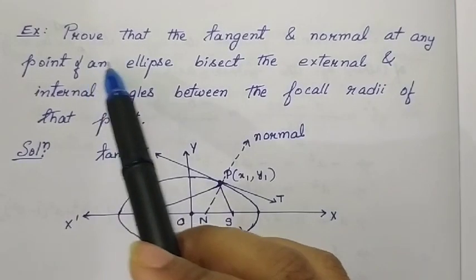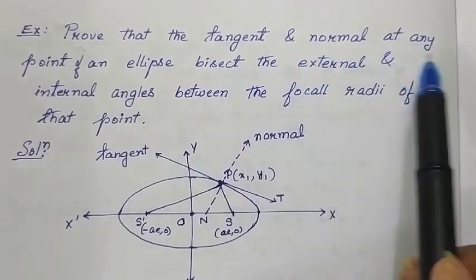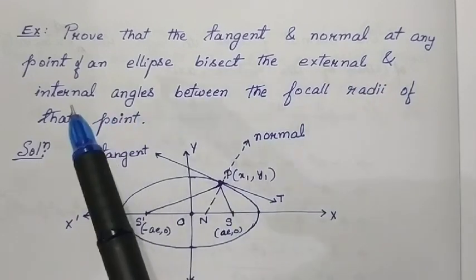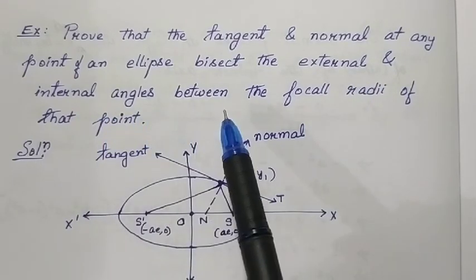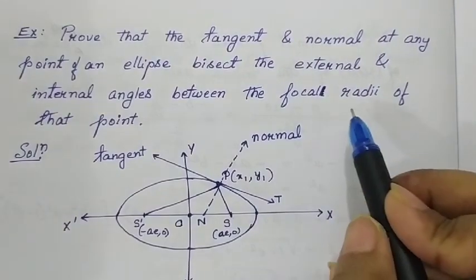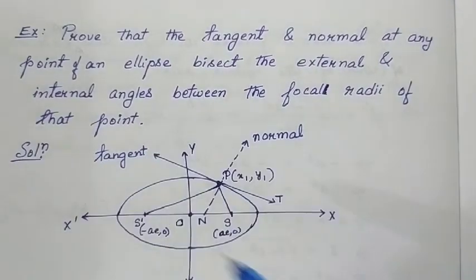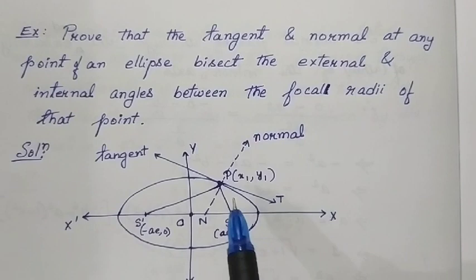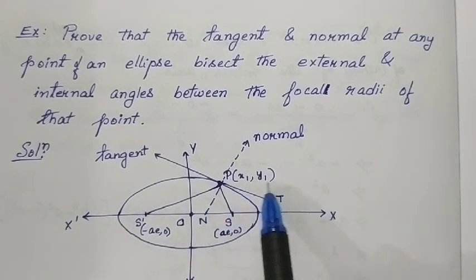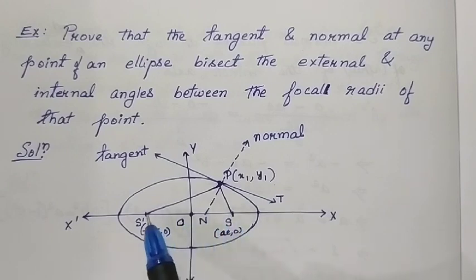Next question: prove that the tangent and normal at any point of an ellipse bisect the external and internal angles between the focal radii of that point. See here, this is the ellipse. We have to take one point P (x1, y1). These are our foci.